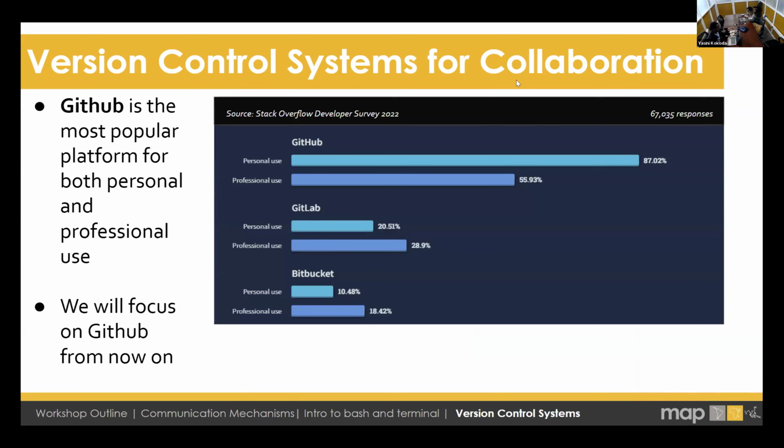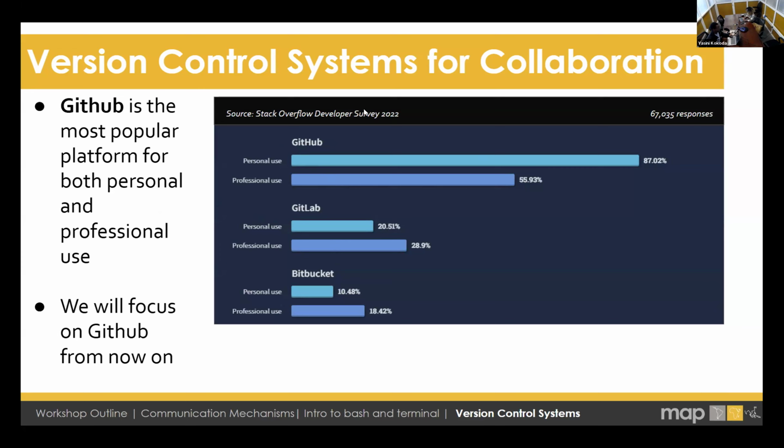So we mentioned that we have three remote hosting services: GitHub, GitLab, and Bitbucket, but we will focus on GitHub because it is the most commonly used platform compared to the other two.